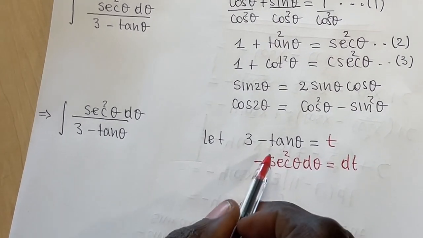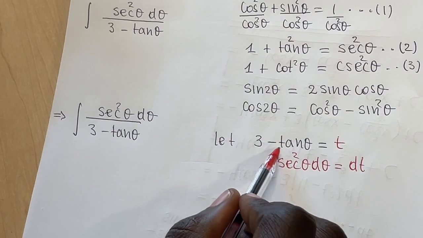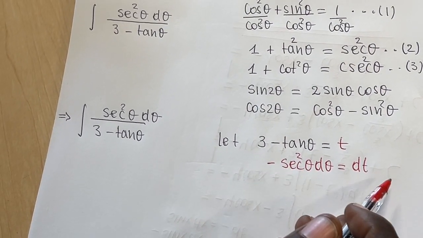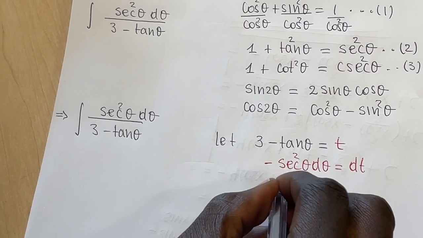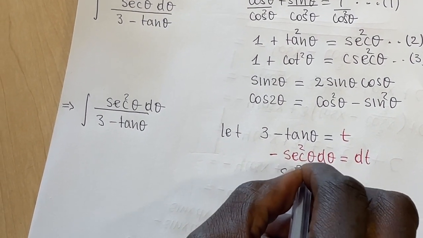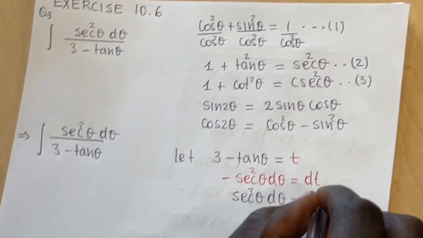If you want to find this, please go and check the other video, where we already showed how this is sec squared. So sec squared theta d theta is just negative dt.